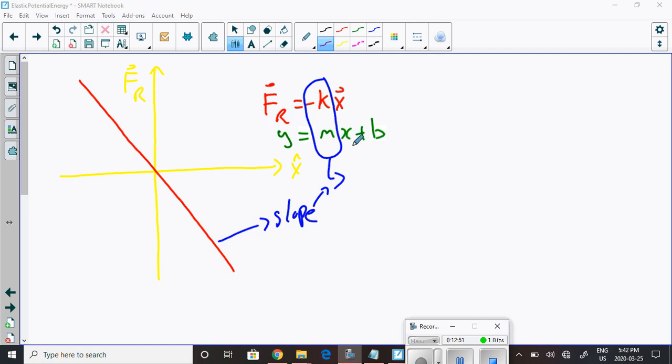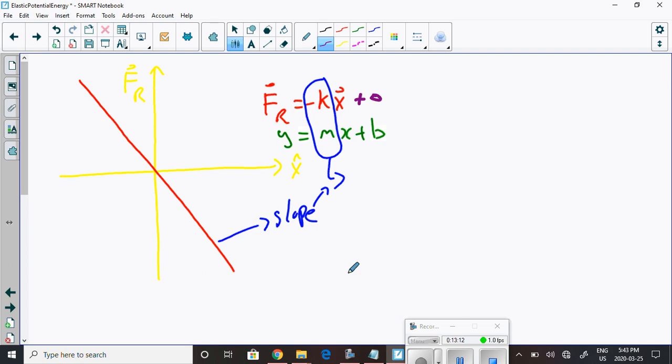The x-axis is still x. And if you take a look at this, the y-intercept for this equation, or b, would have to be 0. And m, which is the slope from the equation of a line, would have to be negative k.